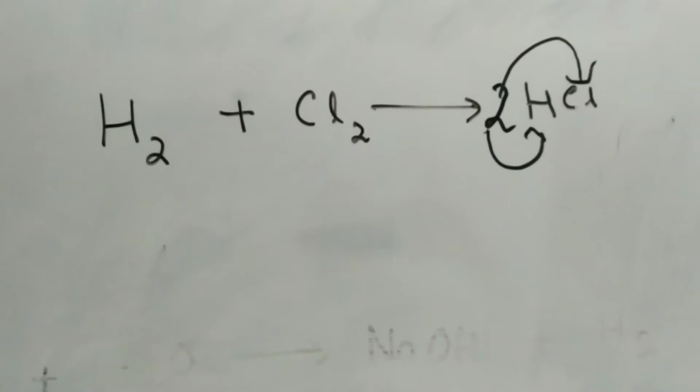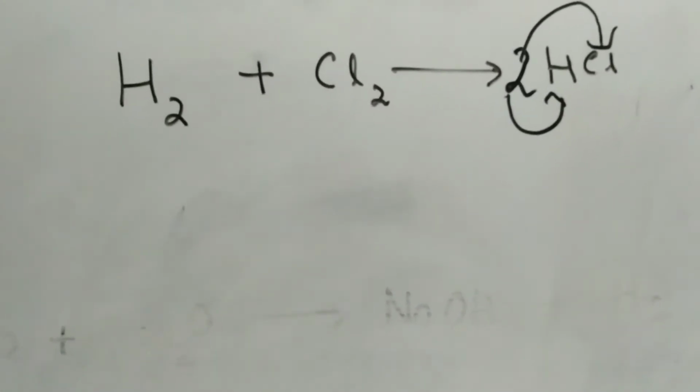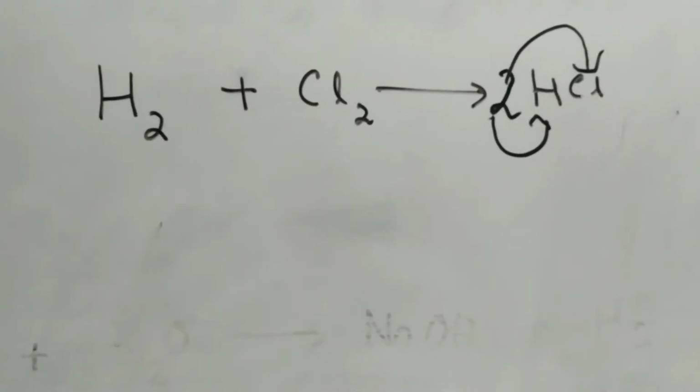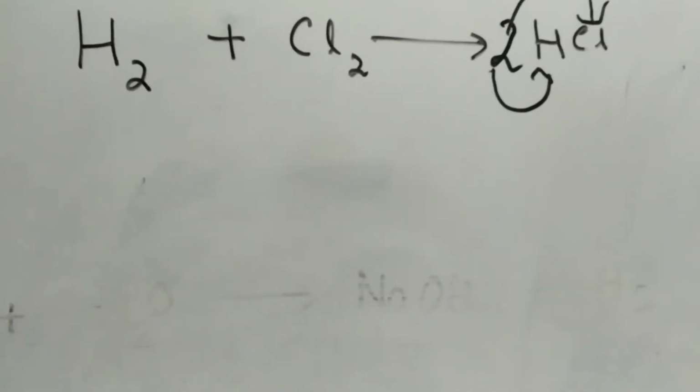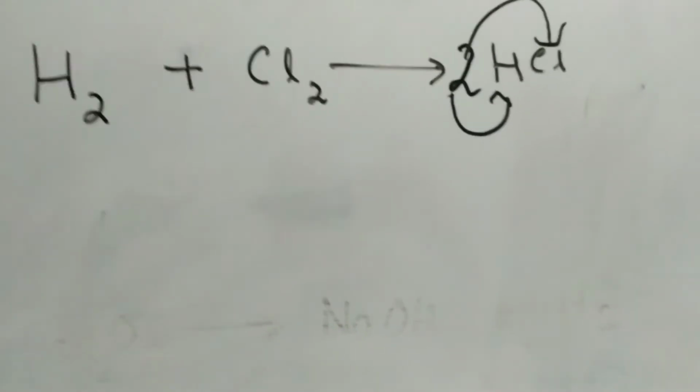So now if I compare hydrogen, on the reactant side there are 2 hydrogen, on the product side also there are 2. Chlorine on the reactant side is 2, chlorine on the product side also 2. This is one of the very simple balancing. Our balancing is done.